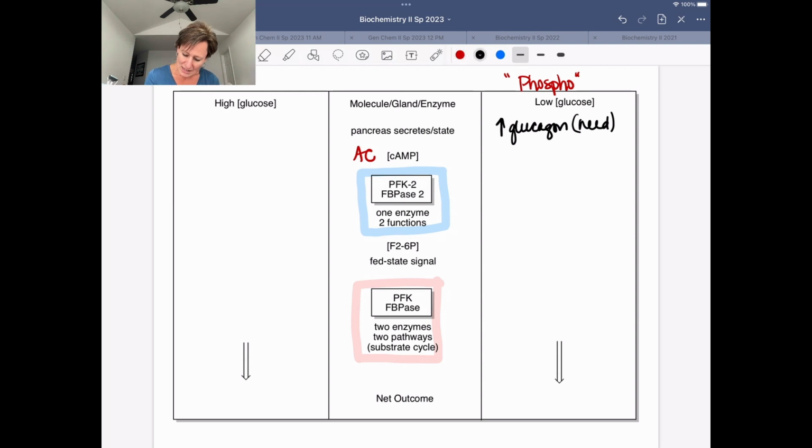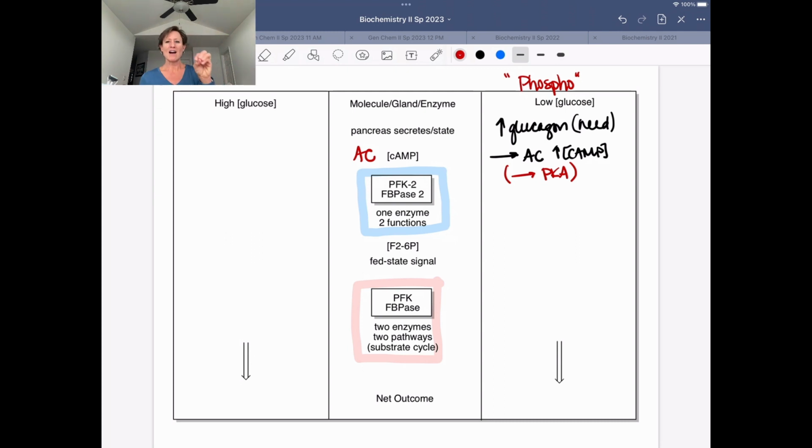We're going to use this formalism that we've seen before. This means we're going to be activating adenylate cyclase, so an arrow means activating. That means we are going to be increasing the concentration of cyclic AMP. And importantly, that means we are going to be activating PKA.